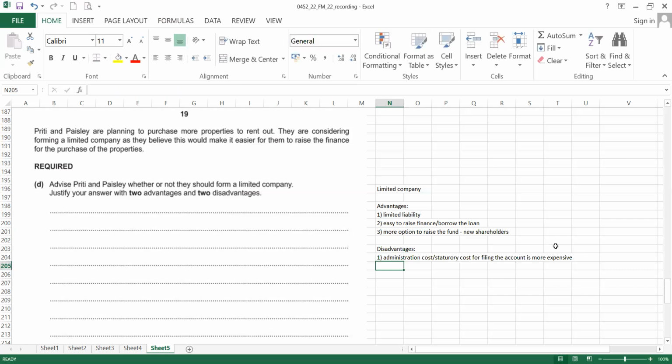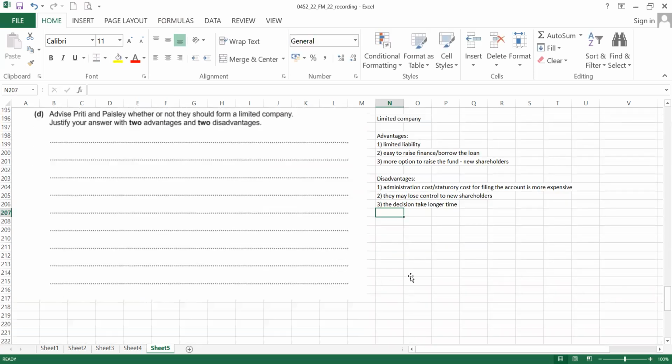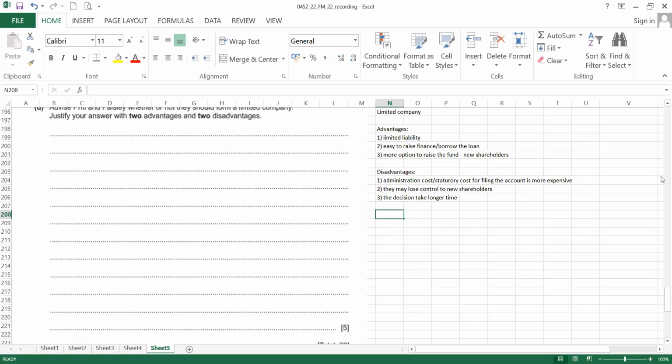They need to pay tax, agent fees, and so on. Number 2, what else? They may lose control to new shareholders if the shareholders buy more shares than what they have. After that, decisions take longer time. So these are the reasons that you can put in.